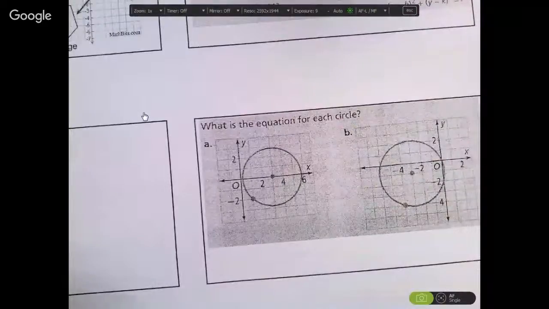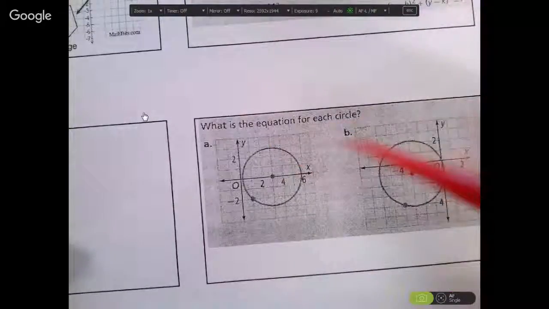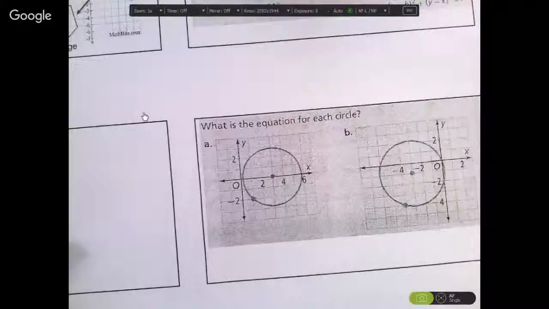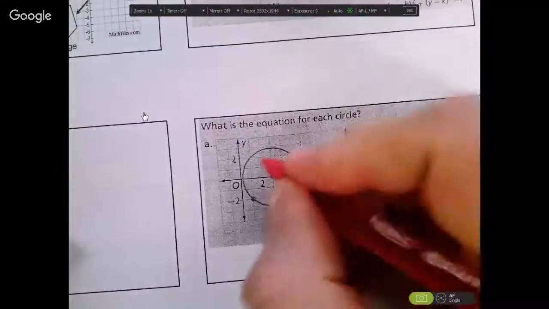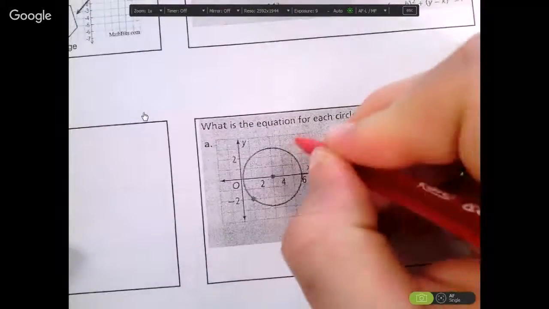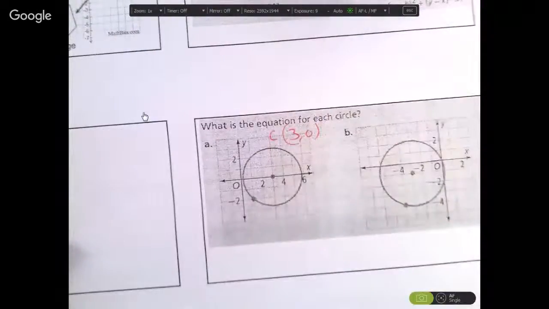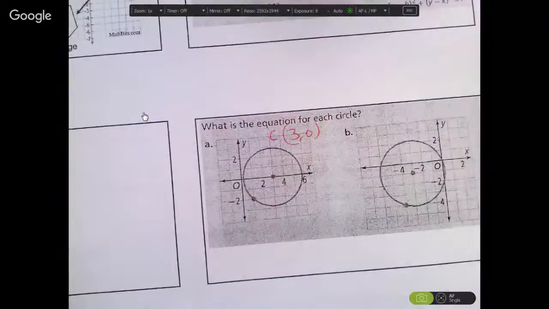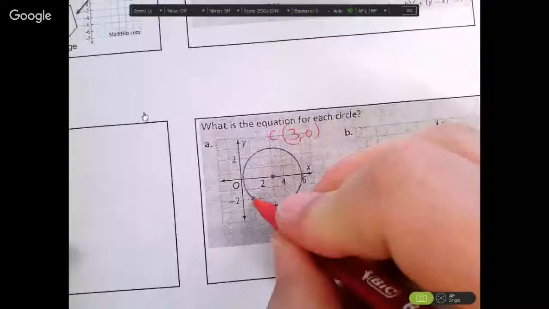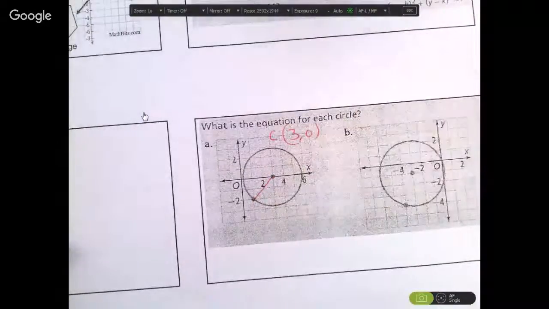So I'll show you. We need to know the center of the circle. The center of this circle is 3, 0. Okay, that's my center. I need to know the radius. I don't want to pick the radius from here to here, even though they put a nice dot on there.